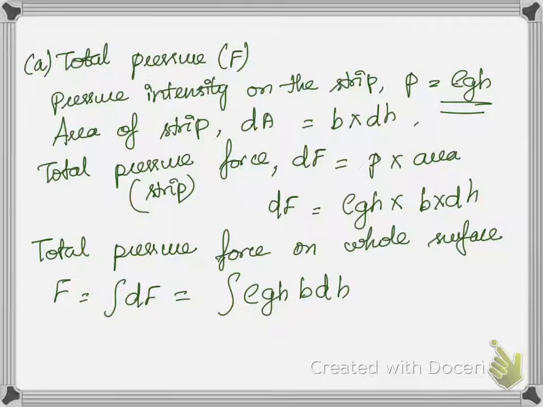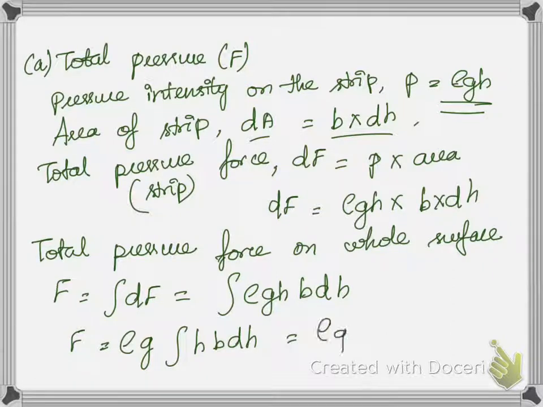I am going to take the constant terms, rho g, outside. So I have h into b dh. What is this b dh? b dh is nothing but dA. So I can write that as rho g into h into dA. So my F is equal to rho g into the integral of h dA.